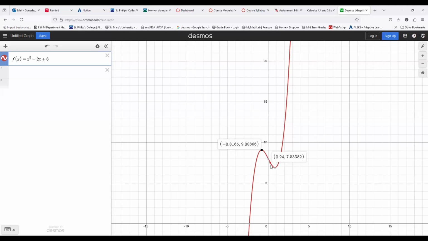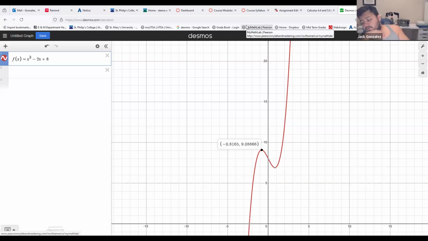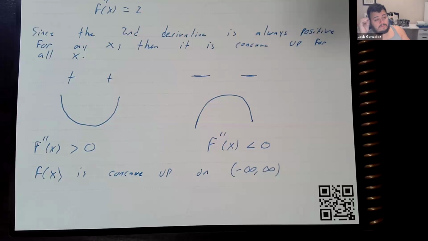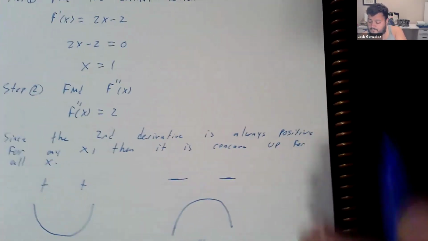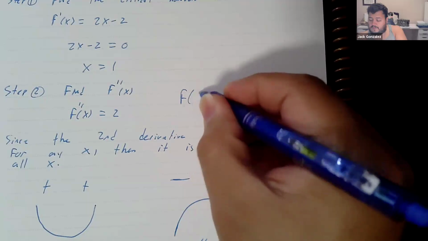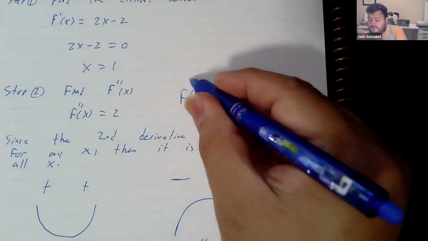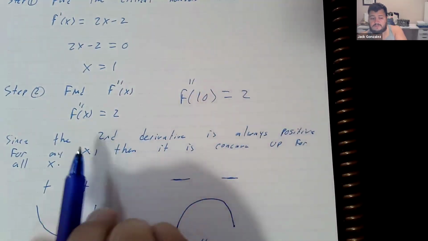So what do the 4 or the 2 mean? Like, a concavity of 2, what does that represent? The second derivative happened to be a constant function of 2. So that means that no matter what x I choose, if I were to plug in 10 into the second derivative, it's still going to be 2 because it's always 2.